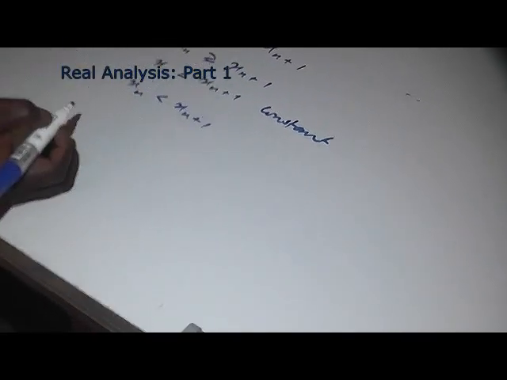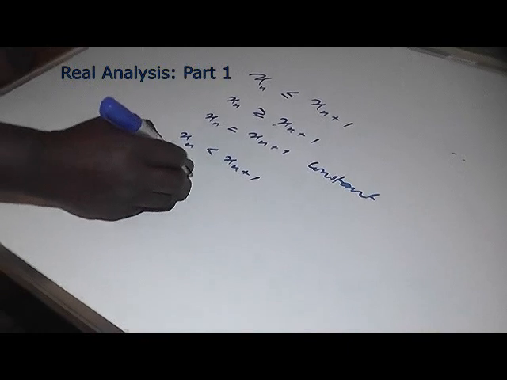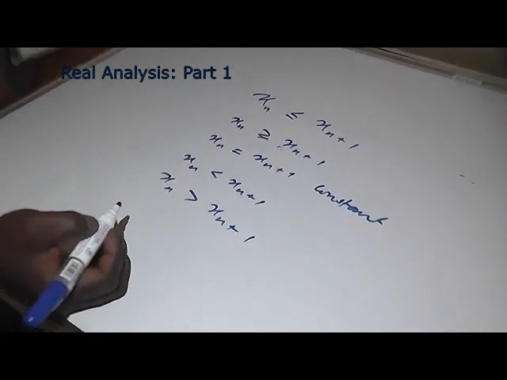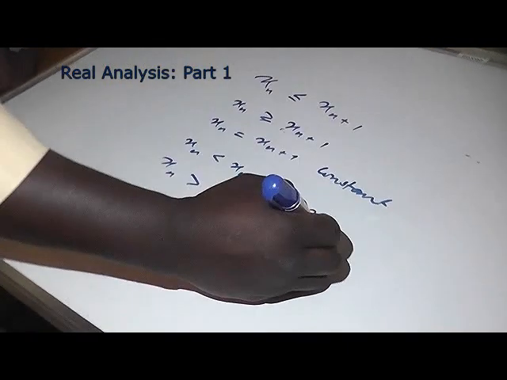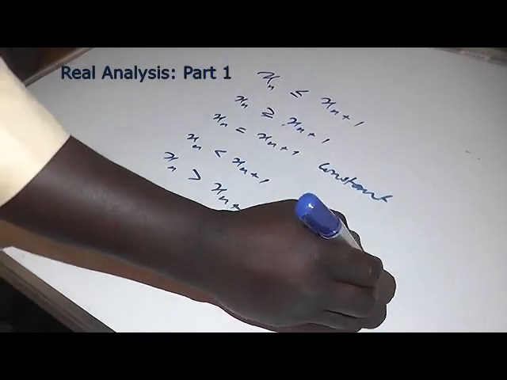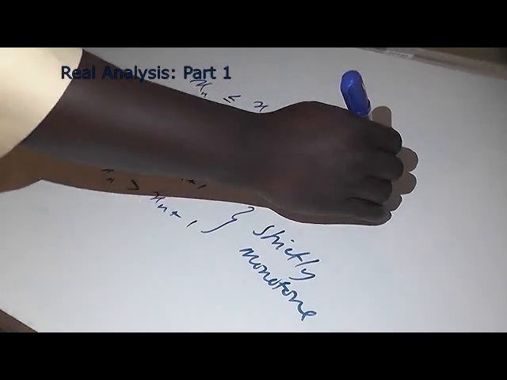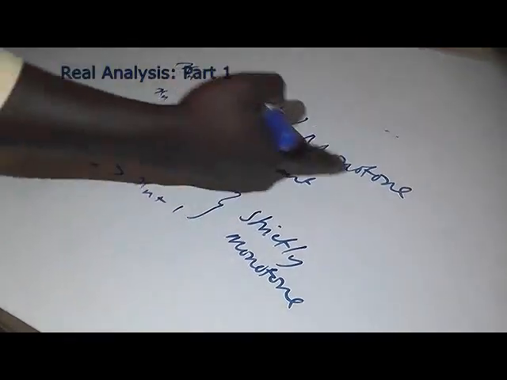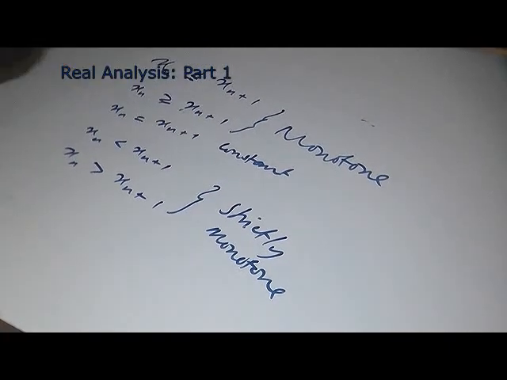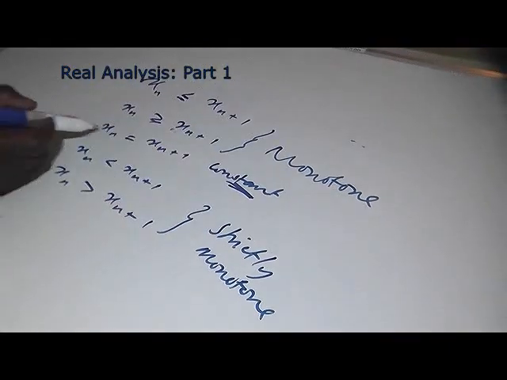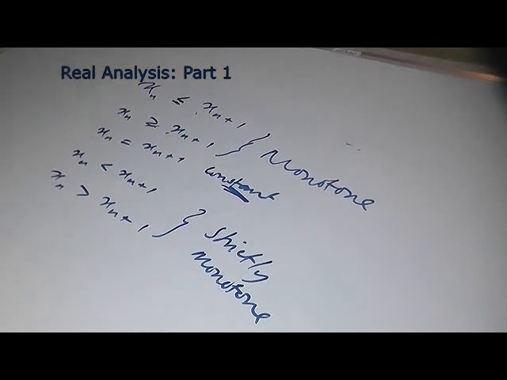Now if xn is less than xn plus 1, this is strictly increasing, and if xn is greater than xn plus 1, this is strictly decreasing. This is called strictly monotone. Now this is called monotone. Even the monotone is carrying equality. That means a constant sequence is a special monotone sequence.